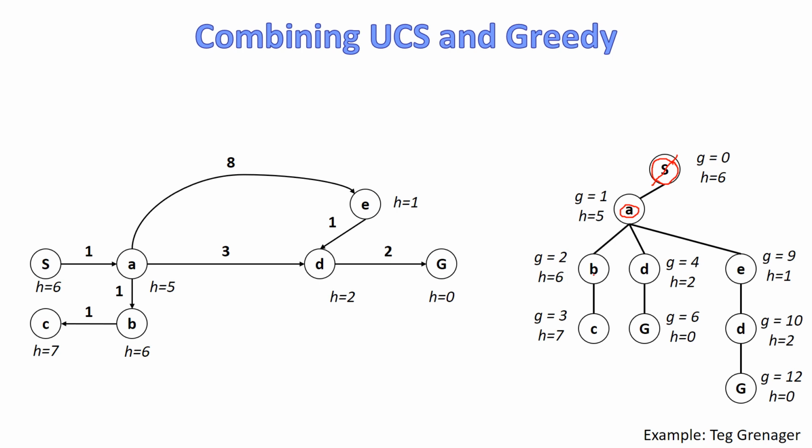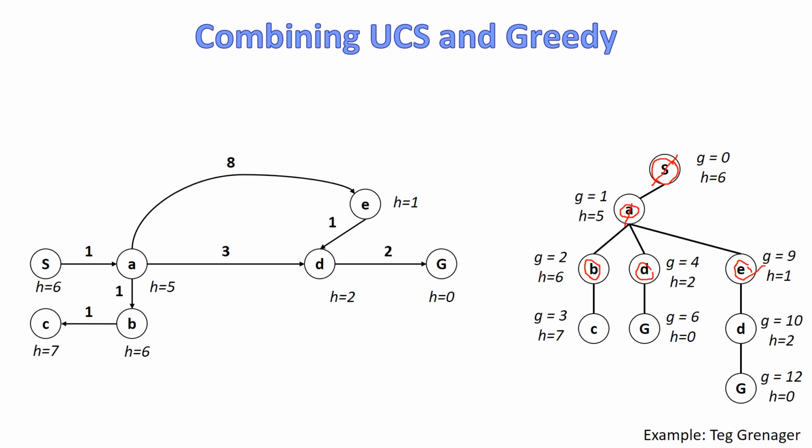First we need to expand A to B, D, and E, right? So we have 3 of them. And the cheapest one is B. Why is that? B has the cost of 1. So what is the cost that we are looking for here?